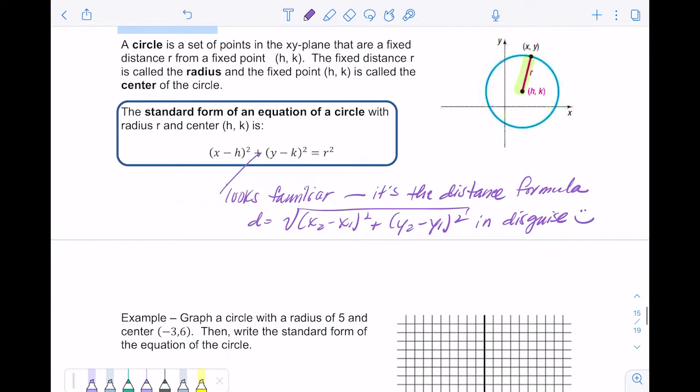So we're going to use that to graph and also write equations in standard form.